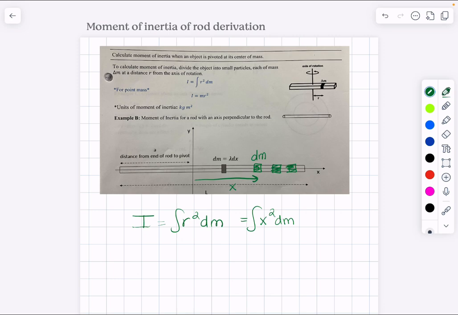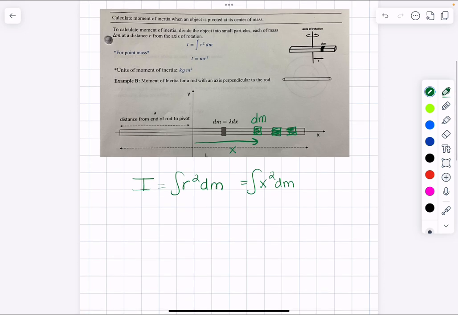Well, in order to get a function for dm, we're going to say, hey, we've got a linear density. Linear density means we're talking about the mass over the length, okay? The total mass of the entire thing divided by the total length. And this is called the macroscopic version, and then we also have the microscopic version of this, all right?